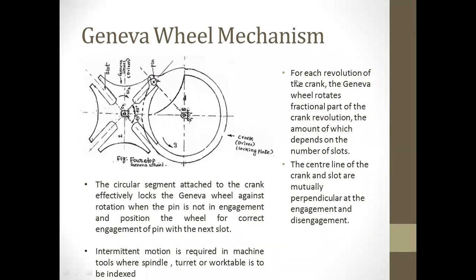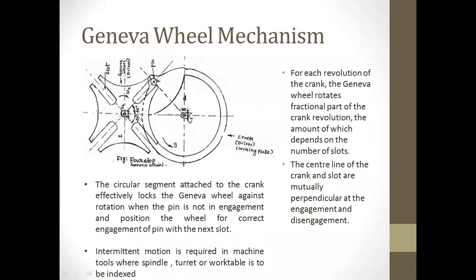For each revolution of the crank, the Geneva wheel rotates a fractional part of the crank revolution, an amount which depends upon the number of slots in the Geneva wheel. The center line of the crank and the slot are mutually perpendicular at engagement and disengagement.